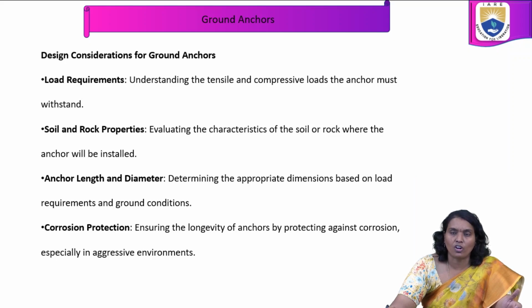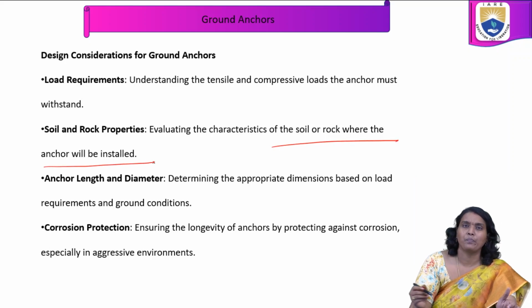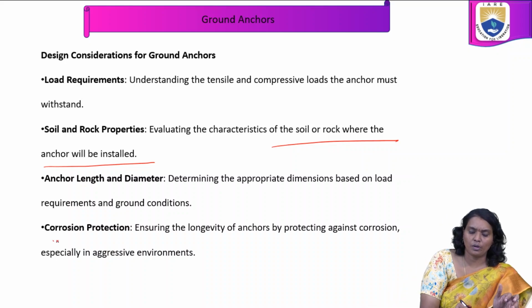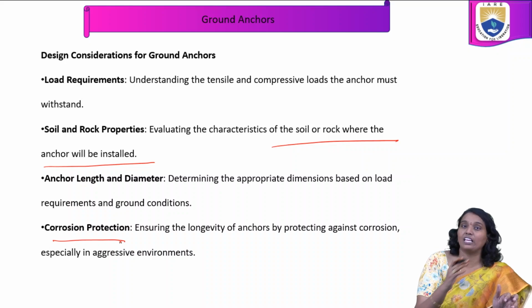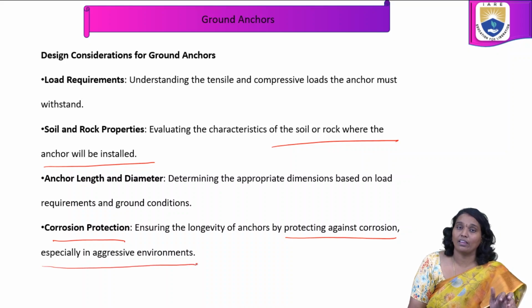Soil and rock properties: evaluating the characteristics of the soil or rock where the anchor will be installed. Anchor length and diameter: determining appropriate dimensions based on load requirements and ground conditions. Corrosion protection: ensuring the longevity of anchors by protecting against corrosion, especially in aggressive environments.